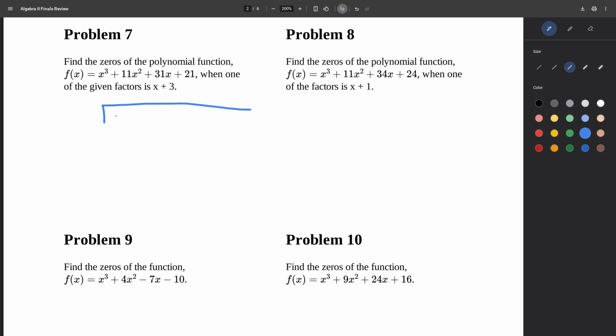So what we're going to do is some polynomial division here.